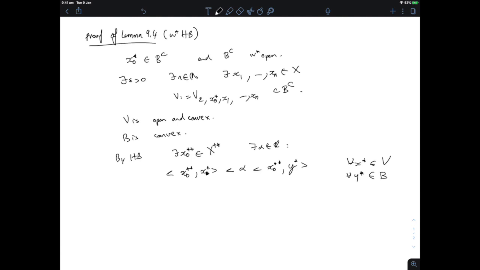Right? I'm separating V from B as subsets of X star, strictly separating this open convex set from a convex set.